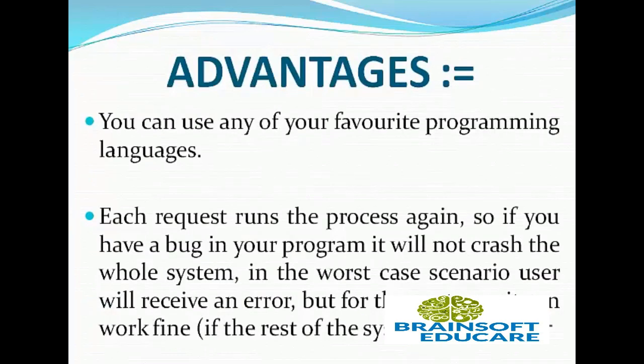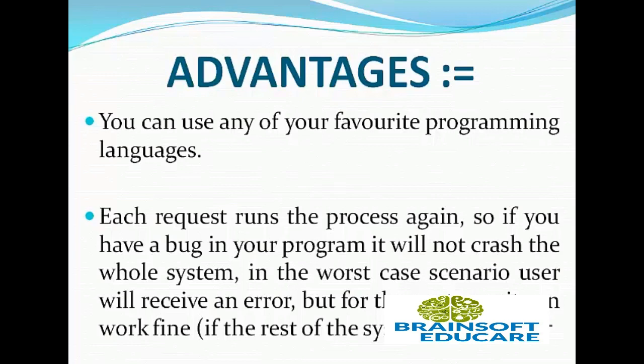Now we see the advantages of CGI scripting, that is, the advantages of the Common Gateway Interface. You can use any of your favorite programming languages, that is C, Perl, C++, Python, Ruby, Java or JavaScript, etc. Each request runs the process again.